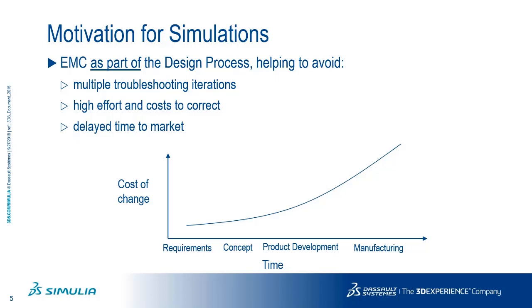In the later design stage, the required time and resources often go up tremendously. So simulation could help if we can bring simulations into the early design stage to mitigate certain emission problems, and then you can save time and cost to market.